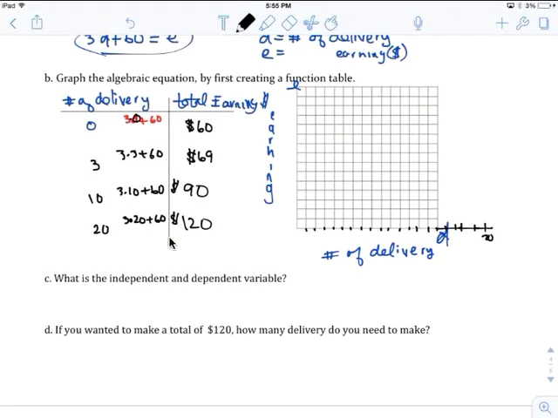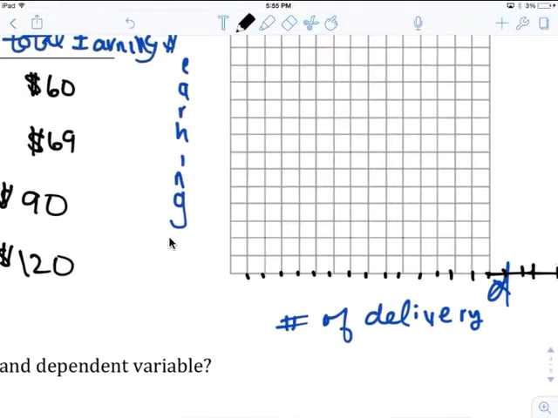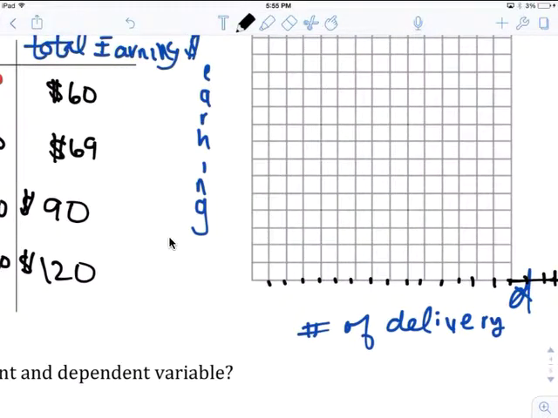For this axis, we count by tens: 10, 20, 30, 40, 50, 60, 70, 80, 90, 100.